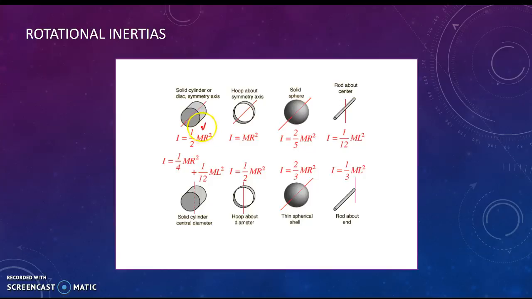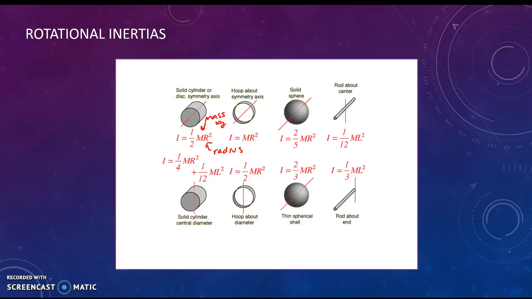So this M would be the mass of the object in kilograms, and the R is the radius, if applicable. Sometimes you'll see an L, and they're talking about the length of the object. If you're given a problem, you have to think, okay, what's the shape as well as the mass, and then you've got to pick out the appropriate equation. And we'll practice doing that probably next week.